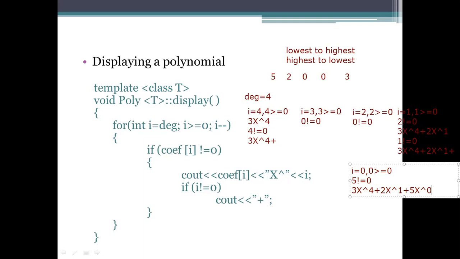Okay, see here, now 0 is not equal to 0. Here the condition fails. There is no need to add the plus value because that is the end of the expression. So likewise, we will display the polynomial.